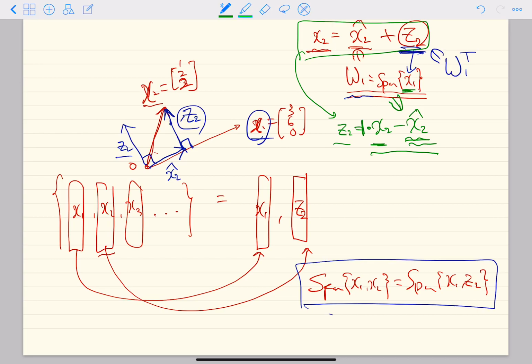And so z2 belongs to the span of x1 and x2, right? And then this z2 is orthogonal to x1, and as I mentioned, orthogonality is a stricter condition than linear independence, right? So we found the two orthogonal vectors x1 and z2, right?